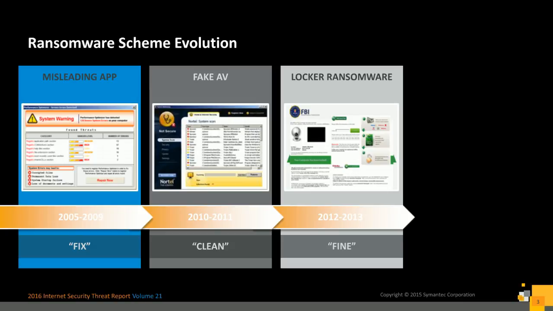And if they just pay a small fine, we can make it all go away for you. Go out and again, pay, but until you do, we're going to leave your computer locked up.